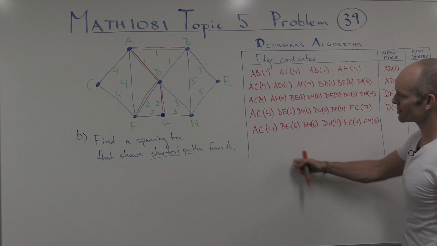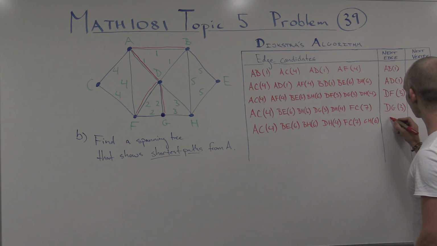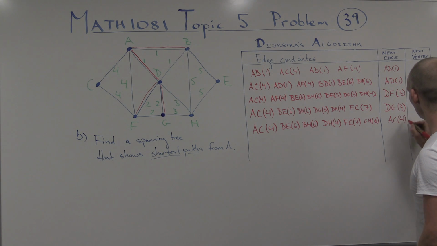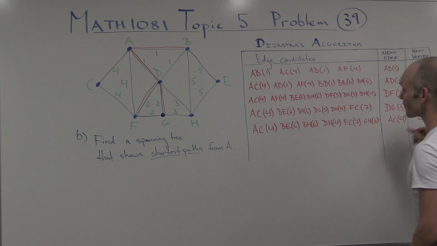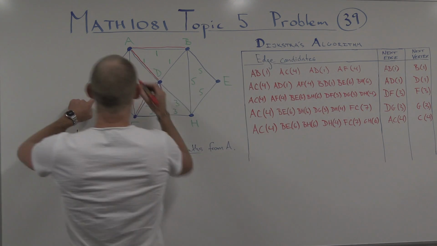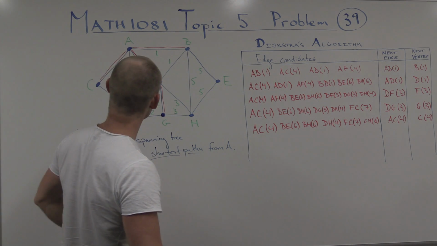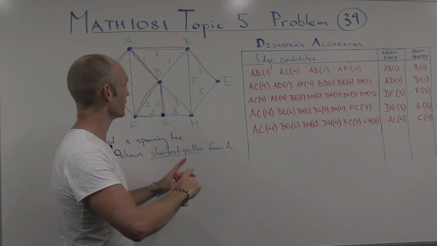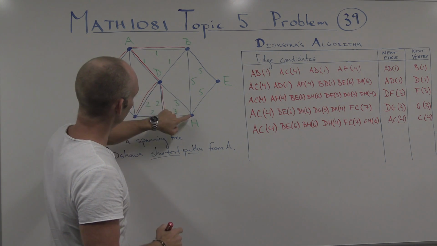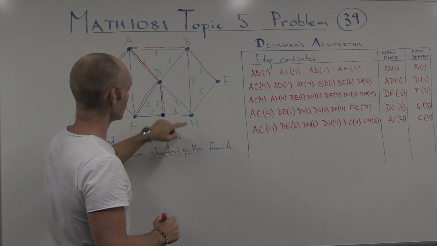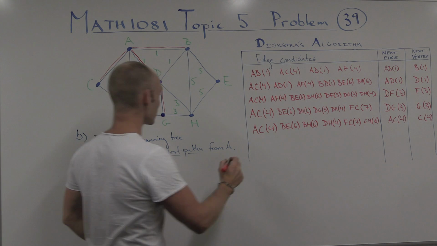So let's just add AC, and we've finally got to the vertex C here, just by going straight from A to C. Okay, we've only got 2 more steps to go to add those 2 vertices, so let's do that.